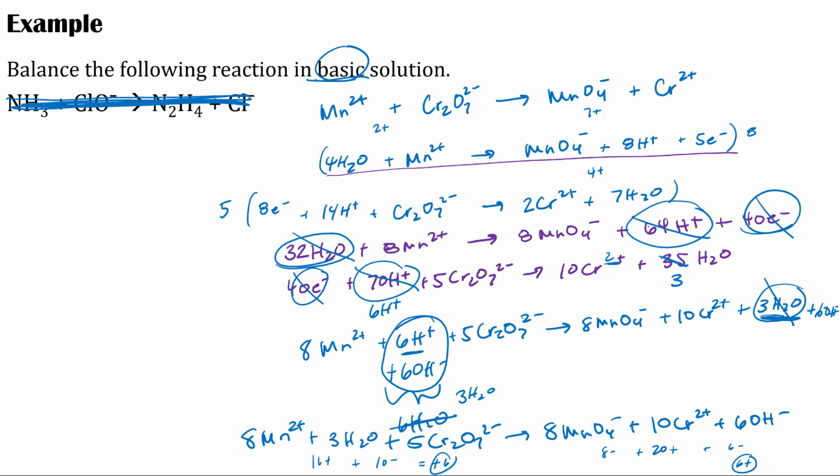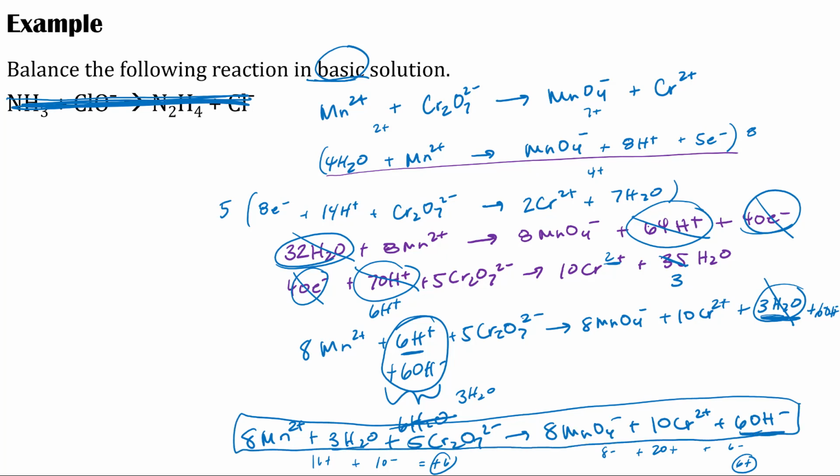And so that balances, and then my hydrogen, I've got 6 here, and I've got 6 here, so that balances. So this would be now balanced in a basic solution because it has OH in it instead of H. So you just add enough OHs to cancel out your H's, make those into waters, and then add the OHs to the other side as well to make sure that you keep it balanced.